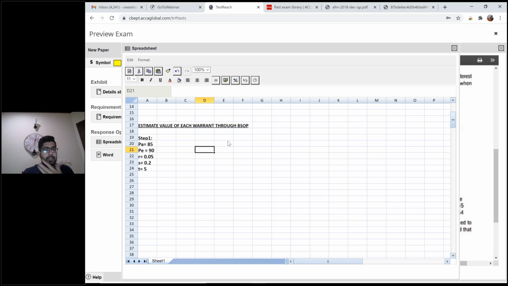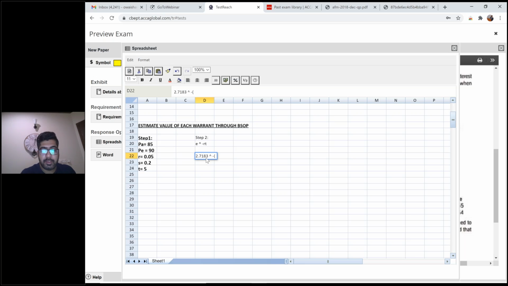Okay, now what is step 2? Step 2 is to find e to the power minus RT. Okay, e power, for power we use this, minus RT. Now e is the exponential constant, 2.7183, power minus R into T. So what is R?